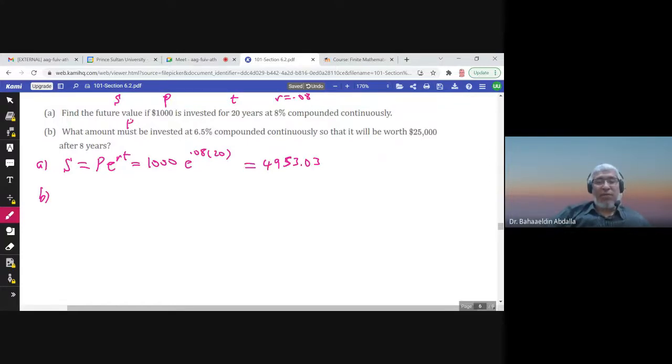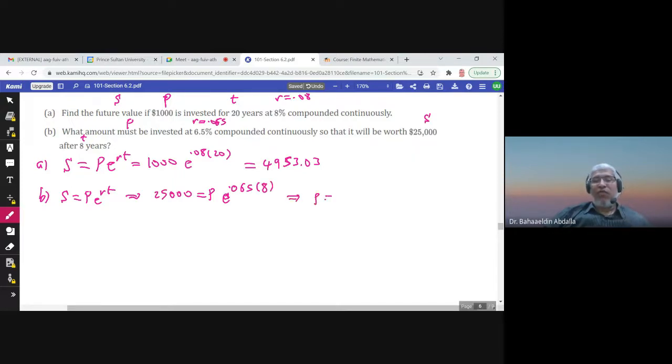Part B, what amount must be invested? So he's asking about P at 6.5% compounded continuously so that it will be worth 25,000. This is S, after 8 years, this is T. So S is P times e to the power RT, and S is given, but P is not, and R is 0.065 times T, which is 8.